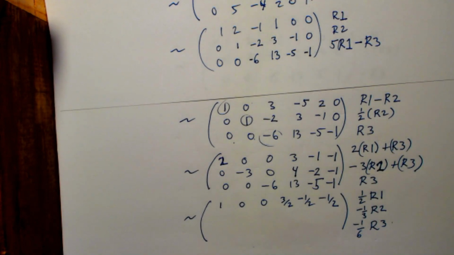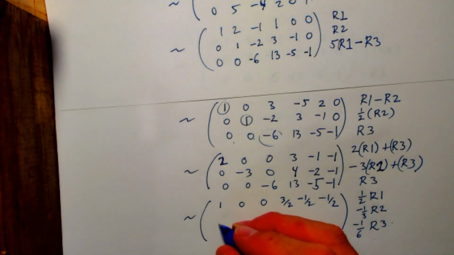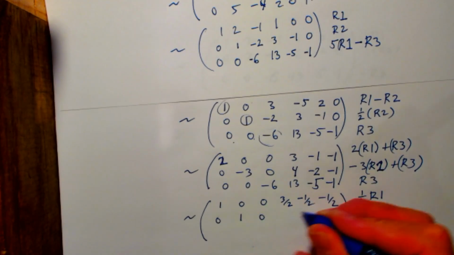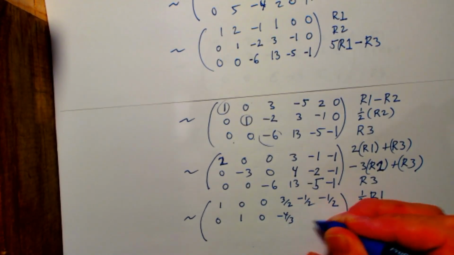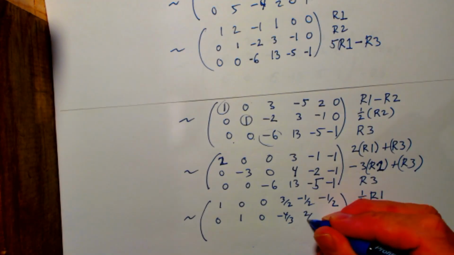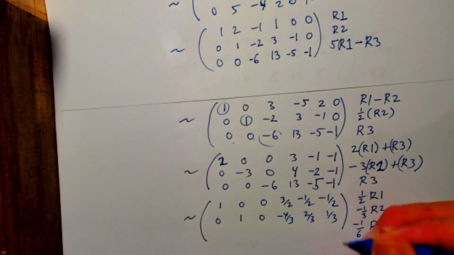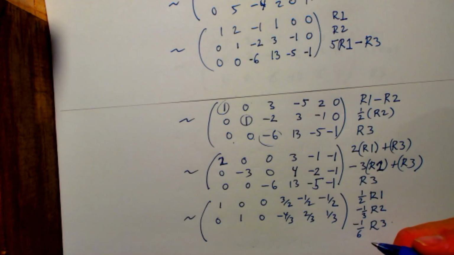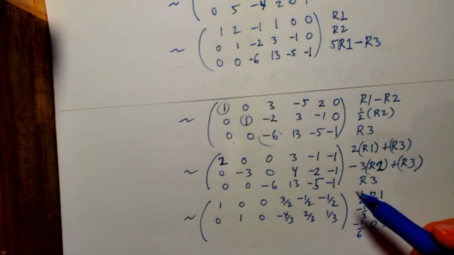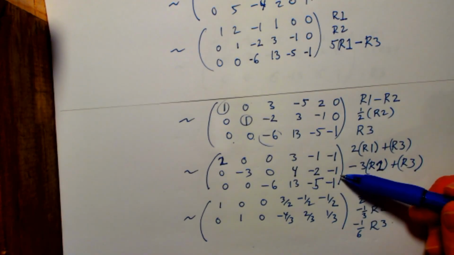Alright, next we're going to divide by minus 3. So we've got 0, 1, 0, minus 4/3, 2/3, 1/3. Ooh, is this correct?